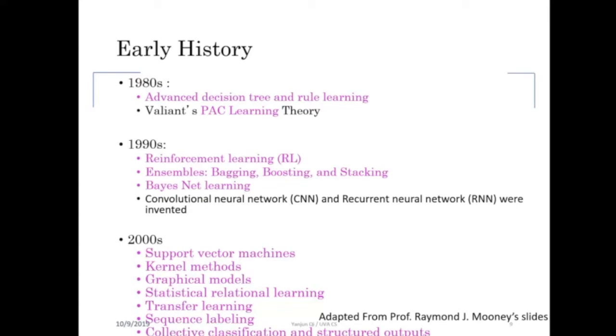Support vector machines dominated in the 2000s, but were invented in the 1990s. Later, graphical models dominated in the 2000s. Back when I did my PhD, it was all about graphical models, and we didn't learn much about neural nets at all. That was the winter time of neural nets, 2000 to 2010.